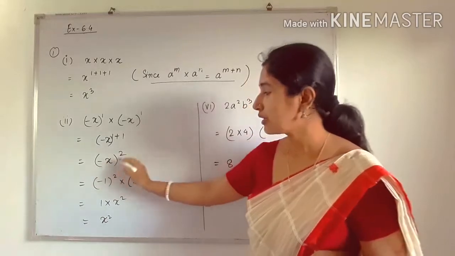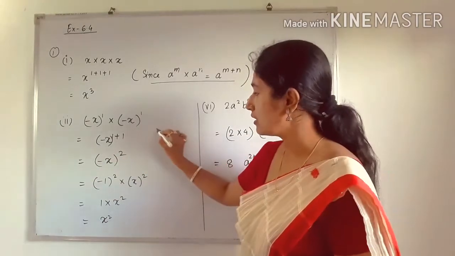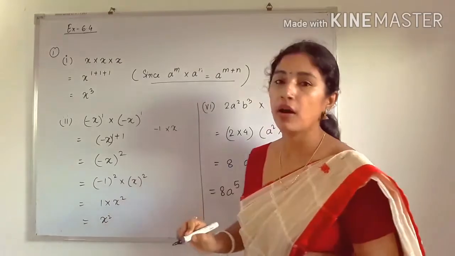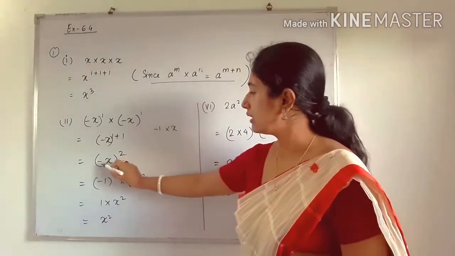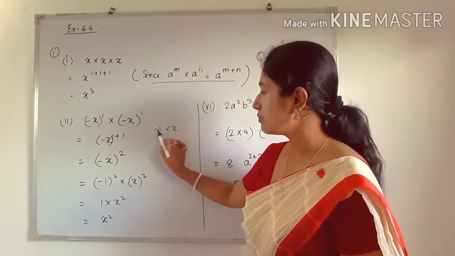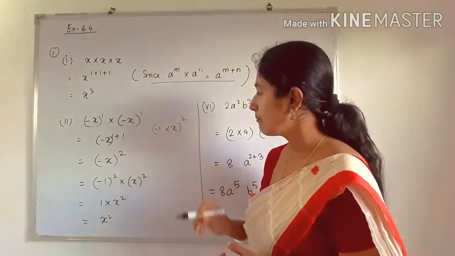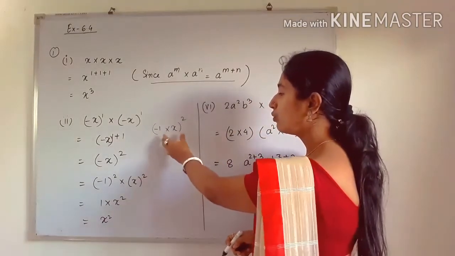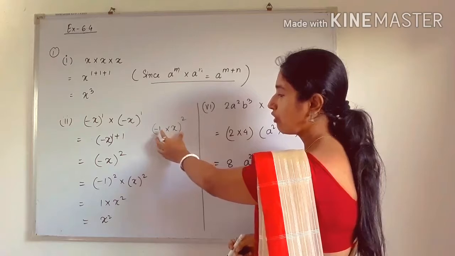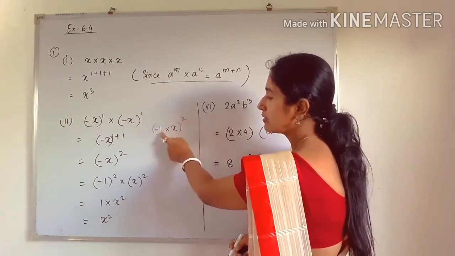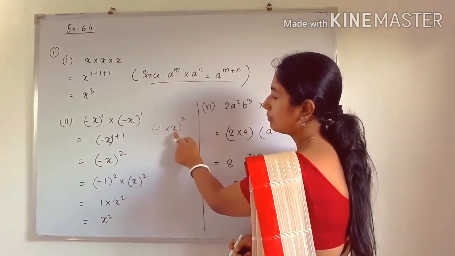So what is minus x to the power 2? That means the x is multiplied with what? It is multiplied with minus 1. So this can also be written as minus 1 into x, whole to the power 2. Okay. So you know the law of exponents, a into b to the power m can be written as a to the power m into b to the power m.